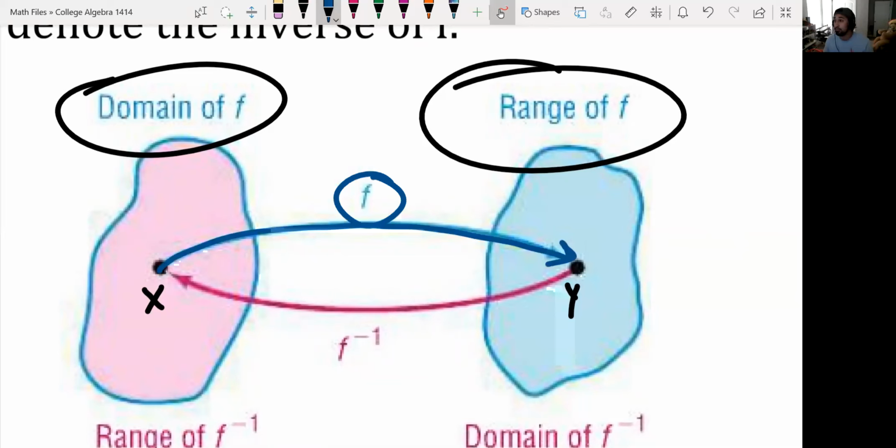we use f, right? Function f, we input an x, it'll output a y for function f. And then what we're saying is that if this is an inverse and it's one-to-one, then in order to get back from the range of f to the domain, we use the inverse function.